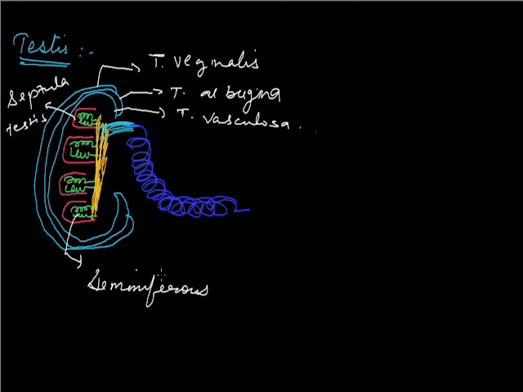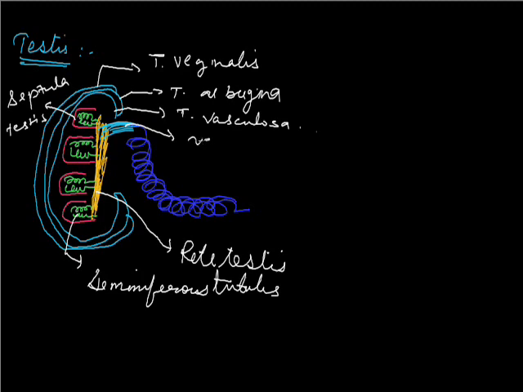This is the seminiferous tubule. All those seminiferous tubules are opening here into the common opening that is known as the rete testis. Further, this rete testis is opening into this coiled structure that is known as the vasa efferentia. And the vasa efferentia is finally opening into the highly coiled structure that is known as the epididymis.